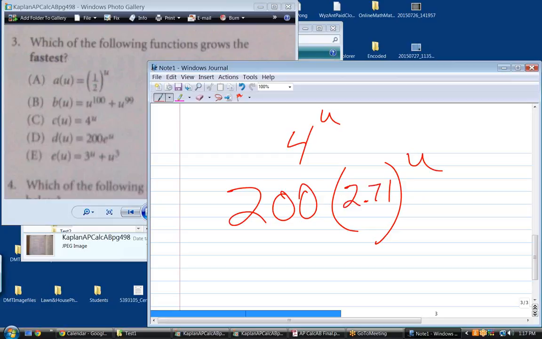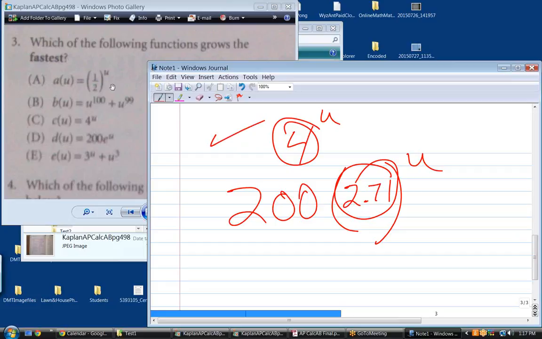The 200e? No. Remember, this 200 is not being taken to the u exponent. Oh, okay. That's strictly a coefficient. Oh, okay. Then it'd be 4 to the u. Exactly. The only thing that determines which grows faster here is the size of that. This could be 2 billion, and this would still be termed as growing faster.